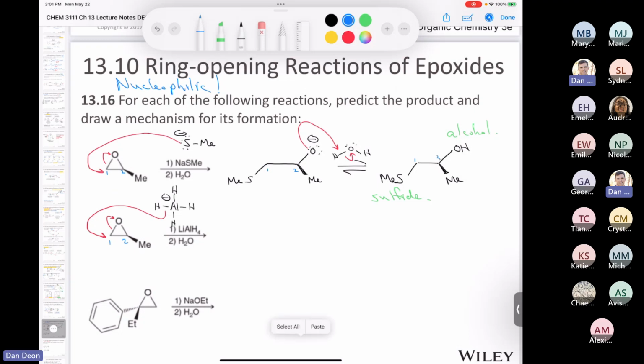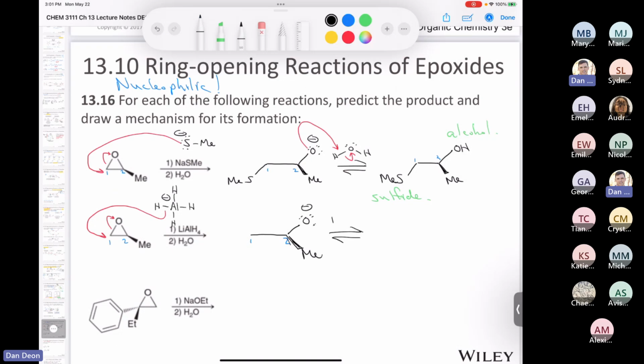But anyhow, if I draw a line like that, I have carbon 1 and carbon 2. Carbon 1 in the oxirane already has 2 hydrogens attached to it, so you're going to add a third hydrogen. If you want to draw it in, you can, but it's just a methyl group, so I'm going to leave it that way. Then you're going to have this methyl group like this. Then you're going to have the oxygen like that.